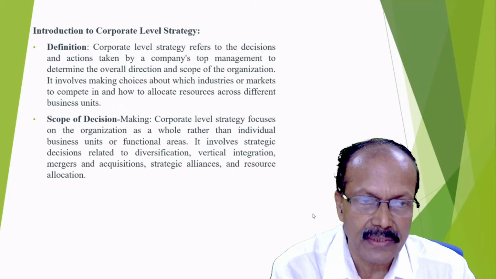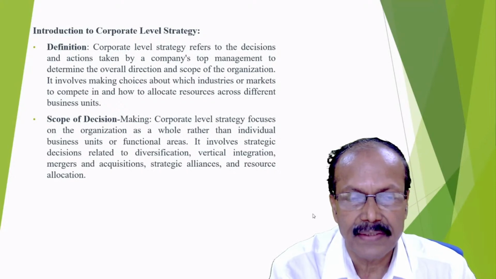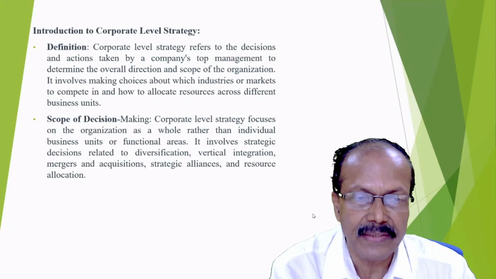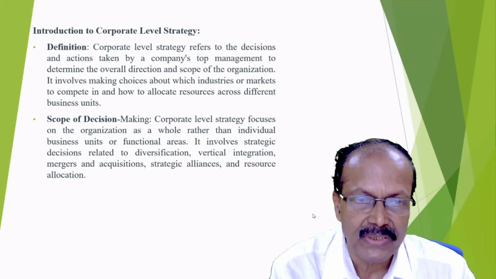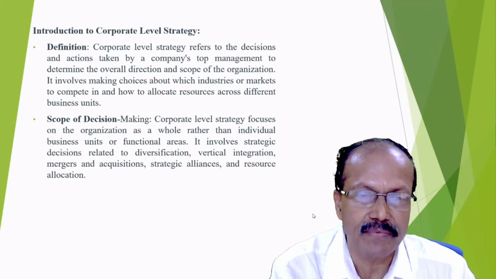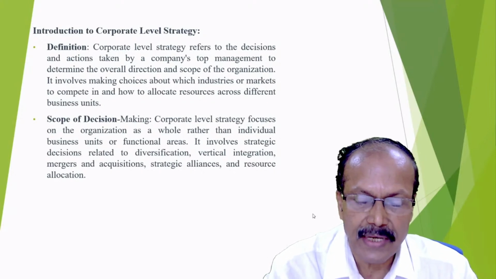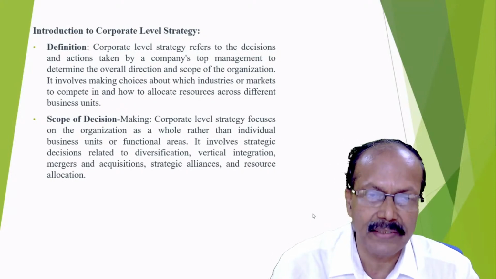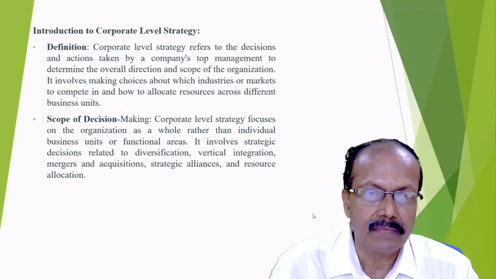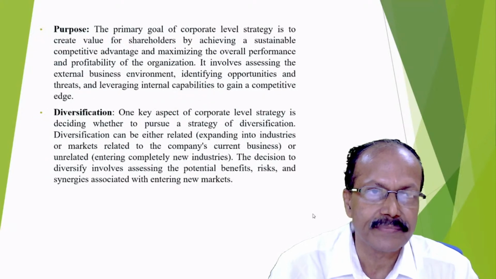Then it includes the mergers and acquisitions, that is one organization taking over its loss making unit in the same industry. Then strategic alliances, that is can be in the form of joint venture, tie-up arrangement, and the resource allocation, that is funding support for managing the activities and operations throughout the year.